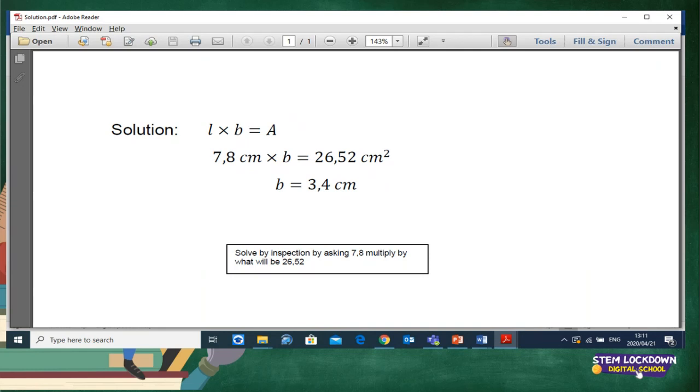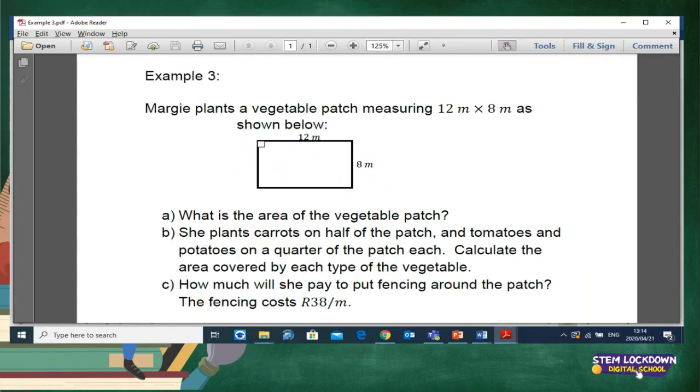And this time around, we are given the area of the rectangle, and we had to find the other side, which is B, the breadth. And we have done that. Now we need to look at the next example, which is the third one. And this is a practical example involving word sums.